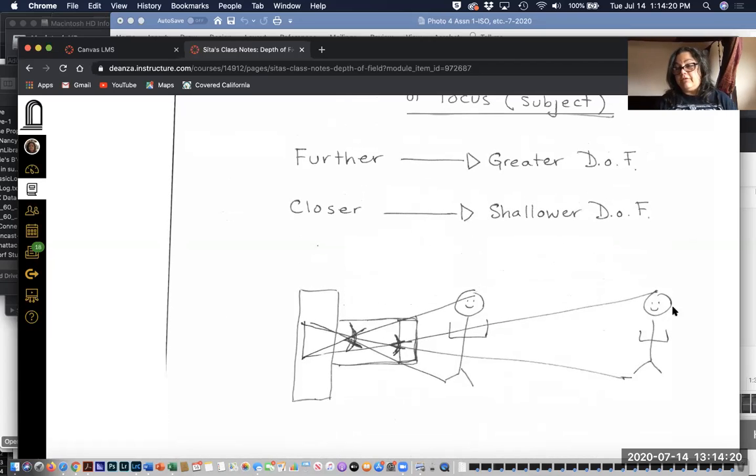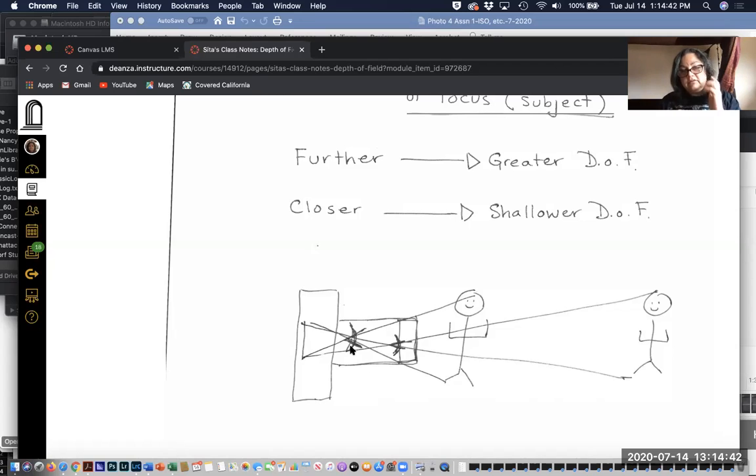When you are far away from a subject, the angle of the light entering the camera is much smaller than the angle of the light entering the camera when you focus on something that's very close. So you can see this angle gets larger as you come in closer to the subject.